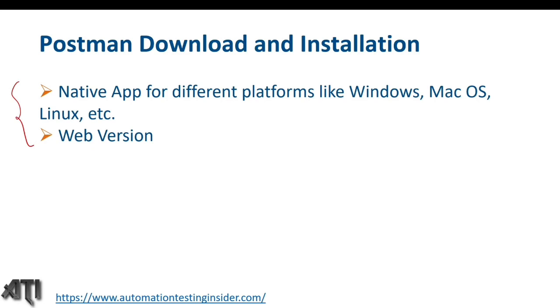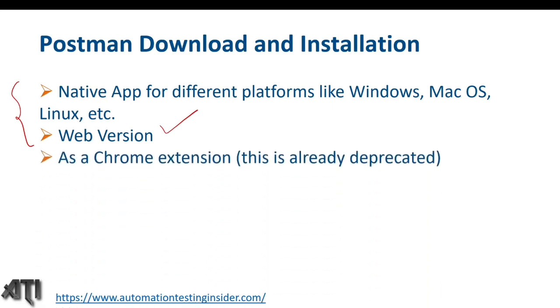One is using an exe file, or you can say a native app for different platforms and operating systems. Another one is the web version on any browser, on the Chrome browser, right? And another one was available earlier as a Chrome extension, but that is already deprecated, so this option is not available. So there are two ways: one is through the native app, and the second one is through the web version.